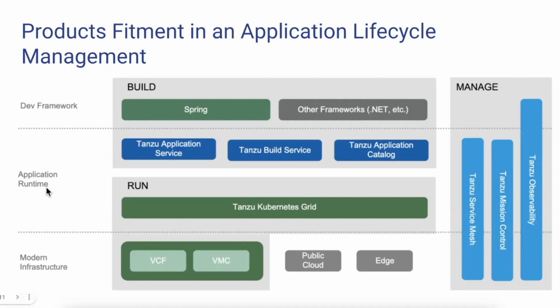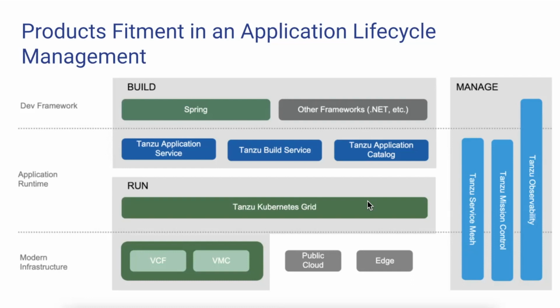Now, moving to the application runtime, we know that when we are building container images, the core platform where we run the containerized application is Kubernetes. From the VMware side, the flavor of Kubernetes is Tanzu Kubernetes Grid, or TKG, and that is what you are seeing here.